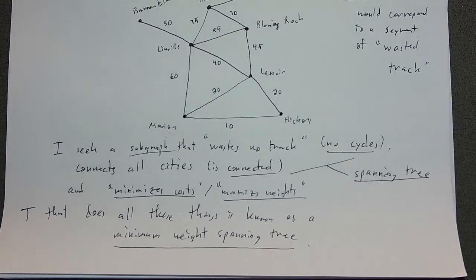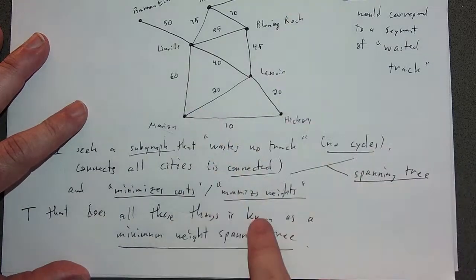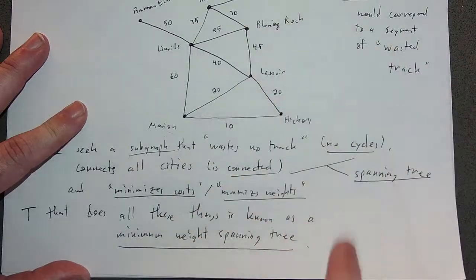You might ask yourself what this means exactly. Minimum weight here means, might you have a spanning tree that also satisfies all these and has the exact same weight sum as another? Yes, it just can't be less than that.